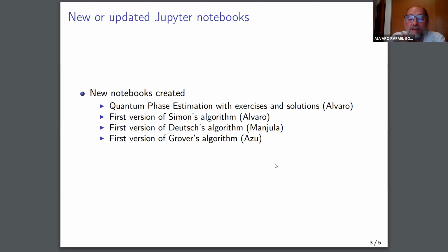Here are the new notebooks, and here is the author, the person who made each notebook. Quantum phase estimation is complete with exercises and solutions. There is a first version of Simon, Deutsch, and Grover.